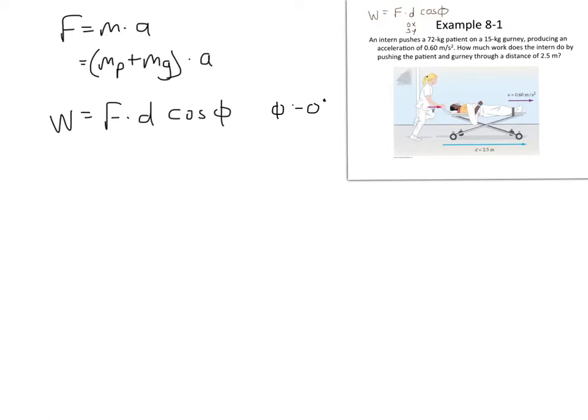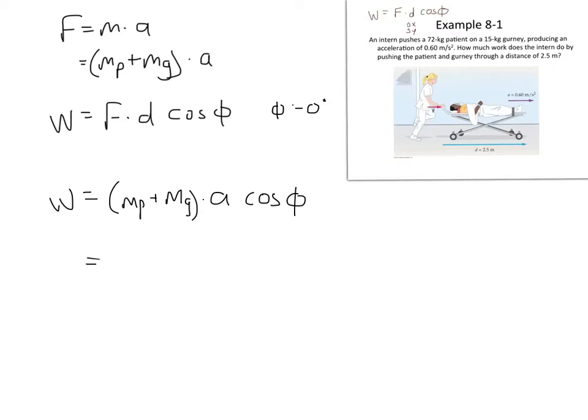The cosine of 0 is 1, and you can't get a cosine bigger than 1. So the work is the mass of the patient plus the mass of the gurney, times acceleration, times the cosine of phi, which is 0 degrees.